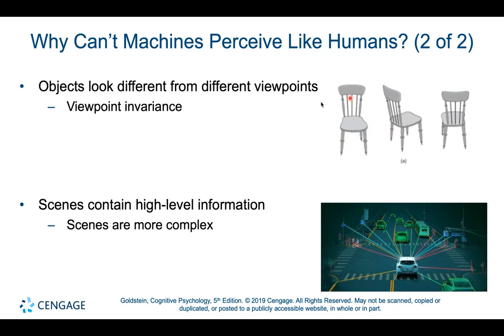If you imagine this chair sitting in the middle of a room, you could walk around it 360 degrees, and the chair is casting a different image on your retina every time you take a step, right?